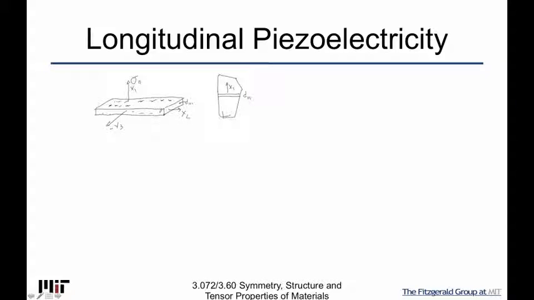Now notice what I've done is the volume, in a sense, is small, and the side charge is small.